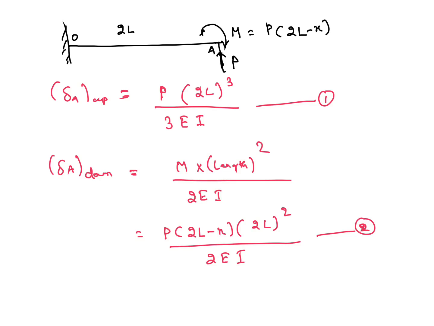So delta A upwards it's equal to delta A downward. This is our given condition. Then cancel P, EI also cancel.